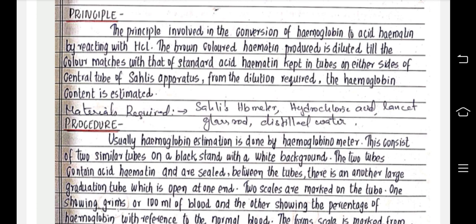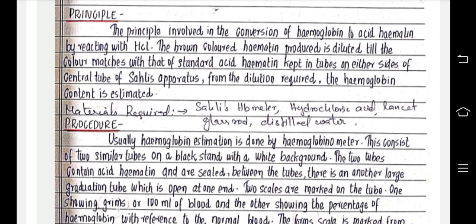Usually hemoglobin estimation is done by a hemoglobinometer. This consists of two similar tubes on a black stand with a white background. The two tubes contain acid hematin and are sealed. There is another large graduated tube which is open at one end.